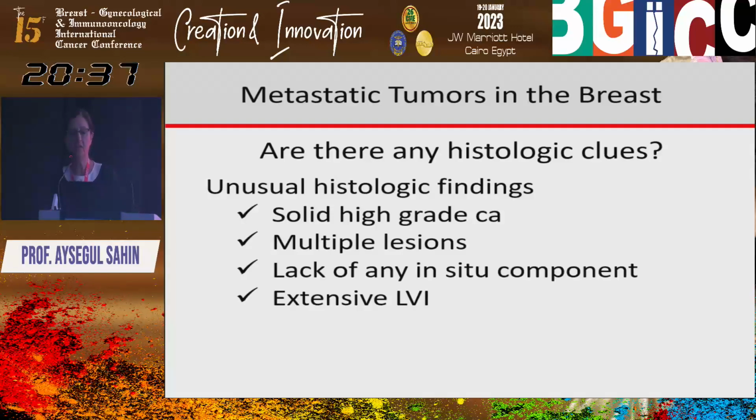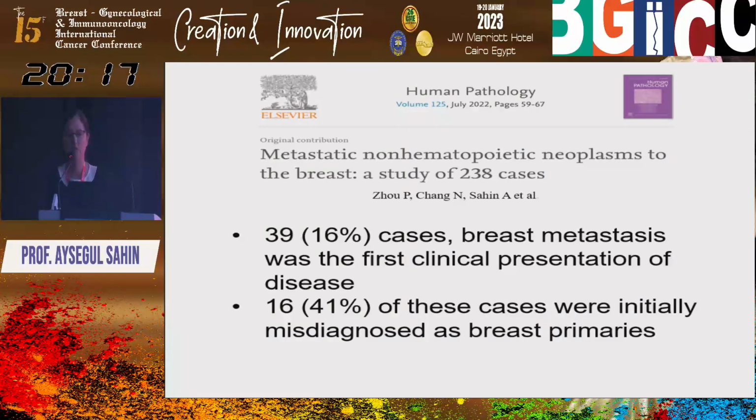In general, if it's a solid high-grade carcinoma, if it lacks in situ carcinoma, or if it has extensive lymphovascular invasion, we say think about metastasis. But do we have primary breast carcinomas showing this? Yes, we do. So there is significant overlap in terms of these features.